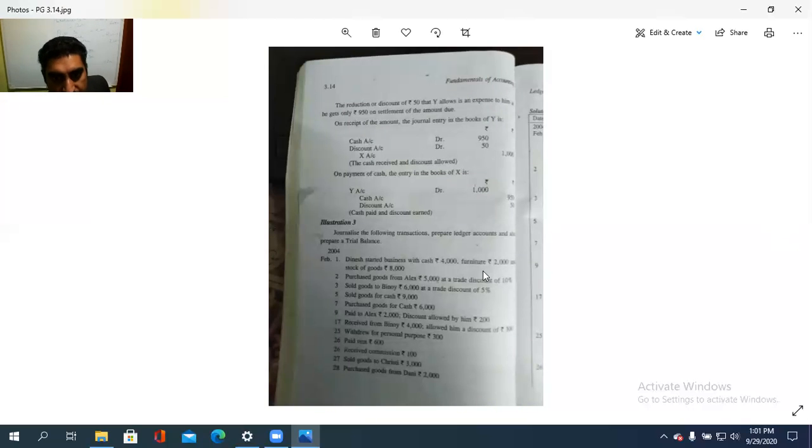Then withdraw for personal purposes. So what is that? Drawings account debtor to cash. How much? 300. Then paid rent, no compound journal entry is allowed because the date is separate. So next is paid rent account debtor to cash.